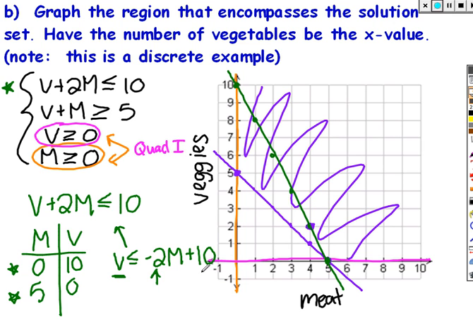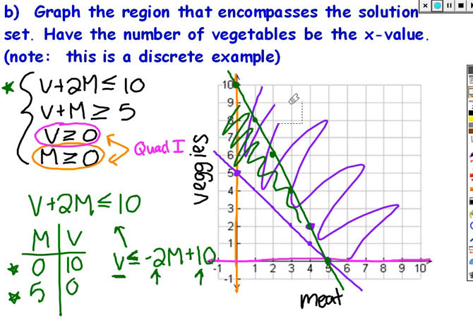Note that the slope is -2 and your y-intercept is 10. Either way, this is the graph of the line v plus 2m equals 10. If I want v to be less than or equal to, I want to shade anything below. So anything down here. But if I look at where the overlap would be, the overlap is really just going to be anything kind of in this region.